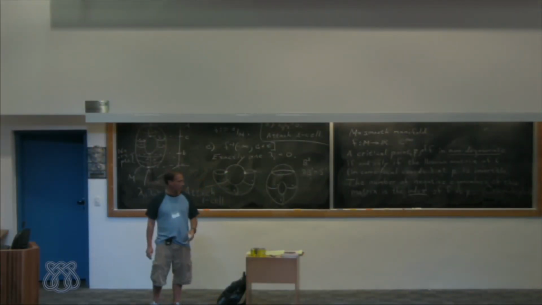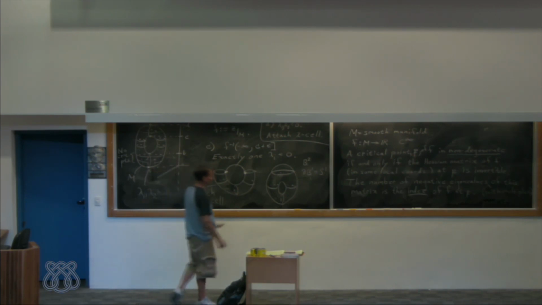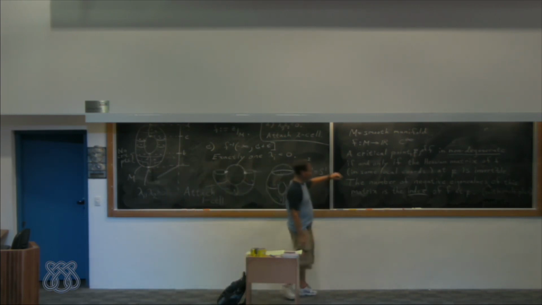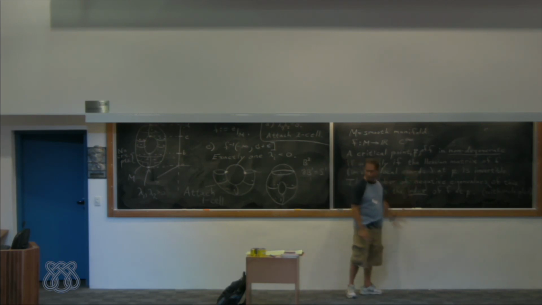So it's the largest space on which the bilinear form defined by the matrix is negative definite. Anyway, it's a good exercise, seriously. That this is well defined on a manifold is because it's independent of coordinates.